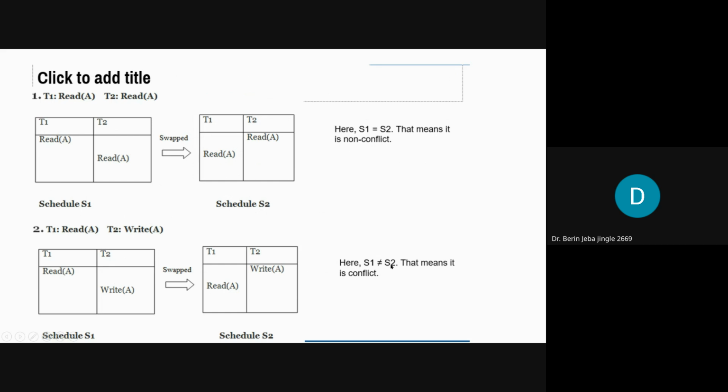S1 is not equal to S2, it completely changes. That means it is in conflict. From these two examples, the first is non-conflict and the second is conflict: read then write in one, write then read in the other. After swapping, S1 is not equal to S2.